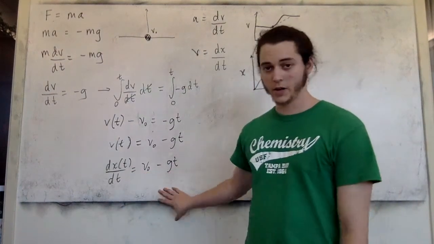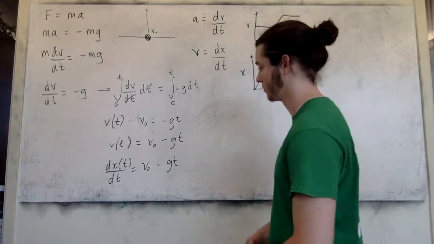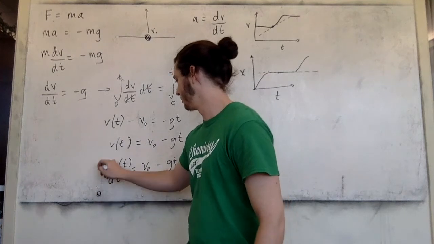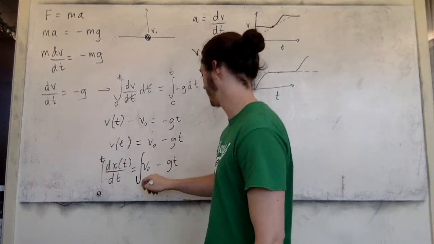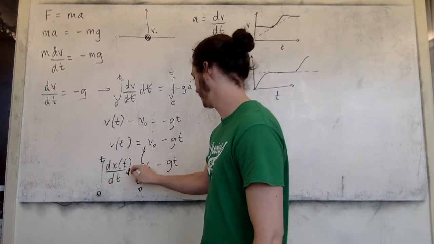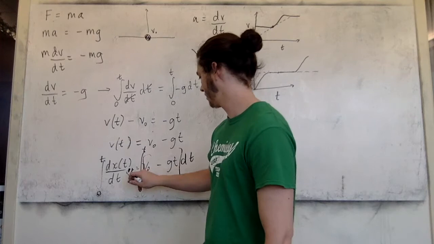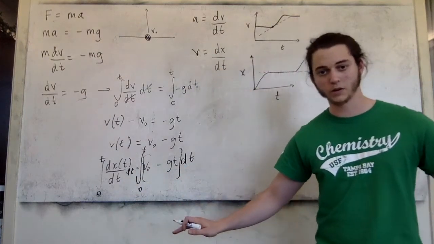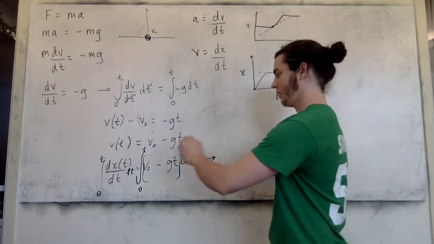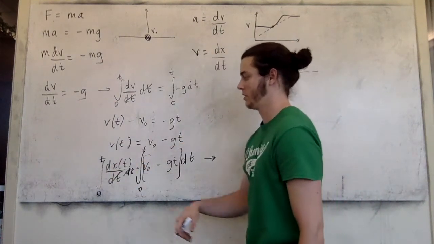If you integrate both sides, just like we did before, with respect to t, you get a very interesting result. So if we take this from 0 to t, this side from 0 to t, all I did is integrate both sides with respect to t, 0 to t. You get this. The dt's here cancel, leaving you with dx as a function of t.